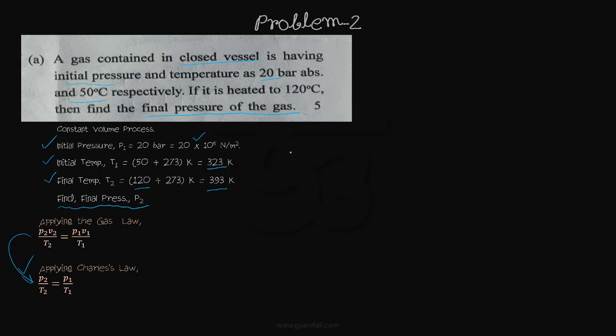So from this we will do the calculation. Now P2 is equal to T2 upon T1 multiplied by P1. So temperature is 393 divided by 323 multiplied by pressure 20 bar.